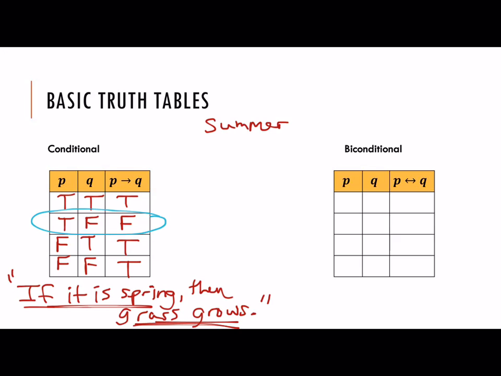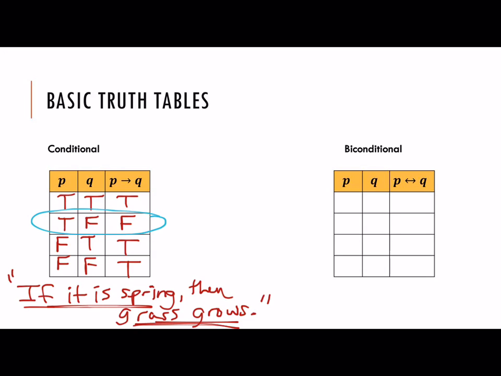Another example would be, let's say if I'm not busy Friday, then I will go to the movies, and then Friday comes and you're not busy, and your friend comes and says, all right, you ready to go to the movies? And if you just don't feel like going and you say, no, I'm not going to go, well, then your previous statement was a lie, because you said if you weren't busy on Friday, then you would go.